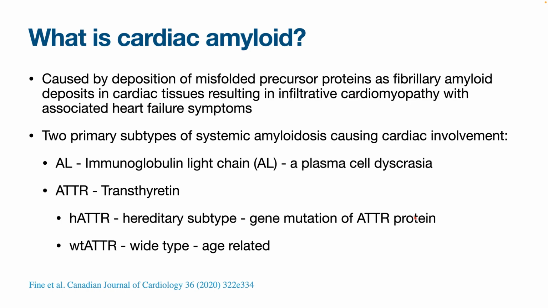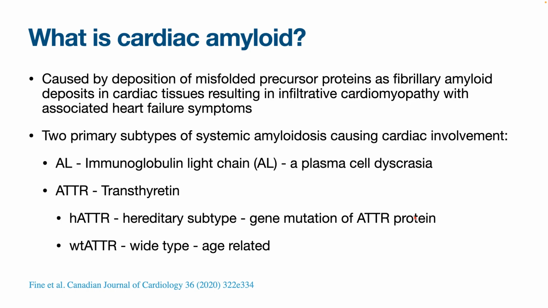There are two primary subtypes. We used to learn a lot more different types, but now it's easier for us to simplify it. Two primary subtypes of systemic amyloidosis causing cardiac involvement. One of the main ones is called AL, which is amyloid light chain or immunoglobulin light chain.